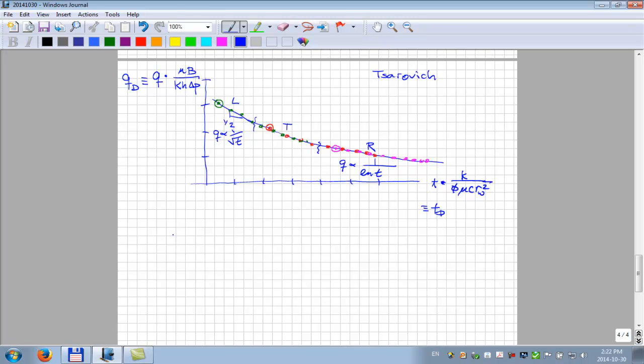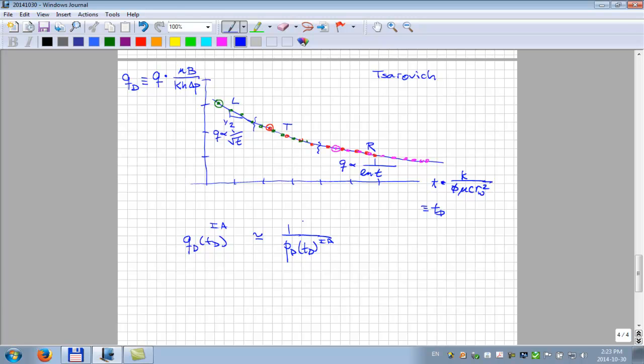And for practical purposes, q_D as a function of t_D, infinite acting for a radial well, is for practical purposes equal to the inverse of the p_D for infinite acting.